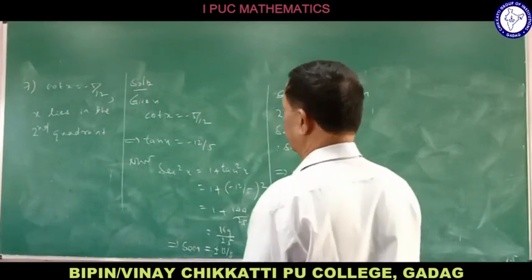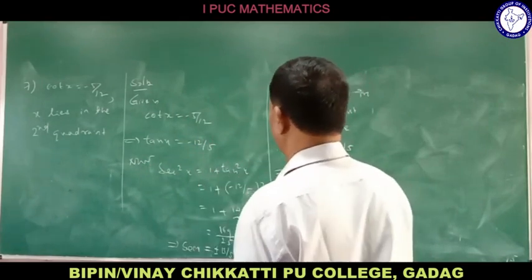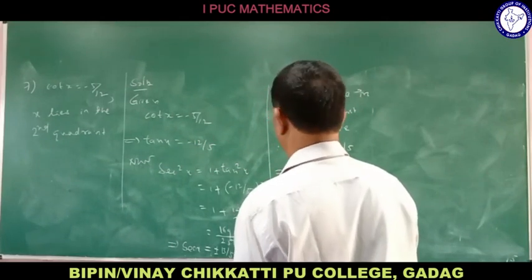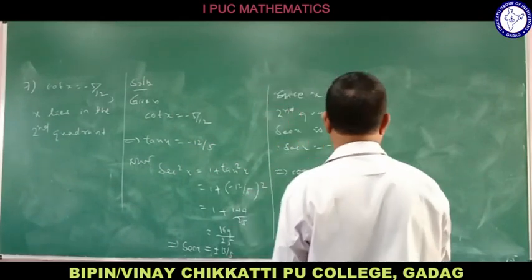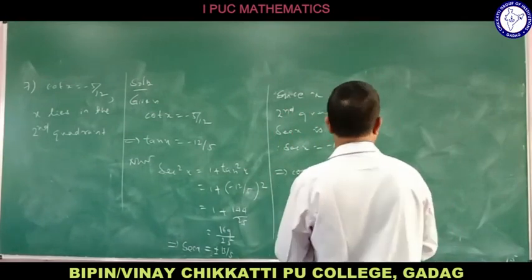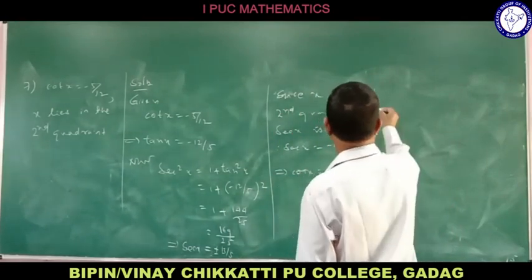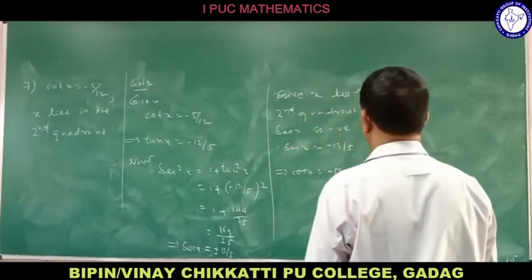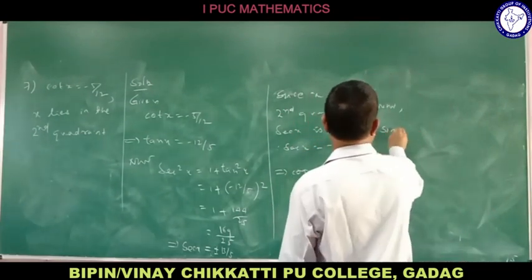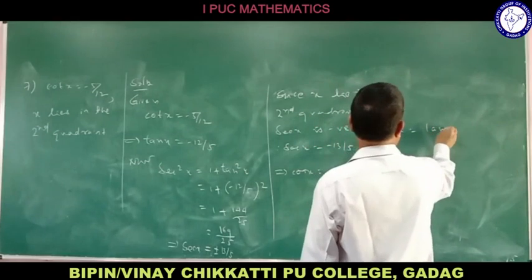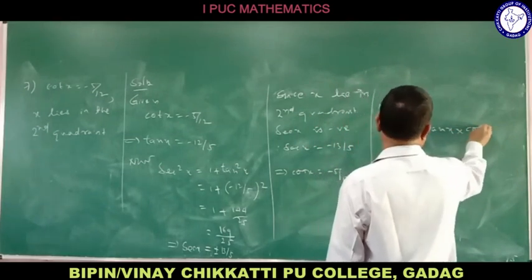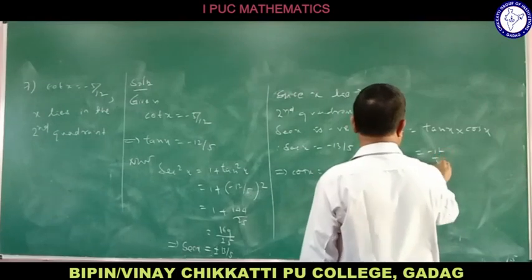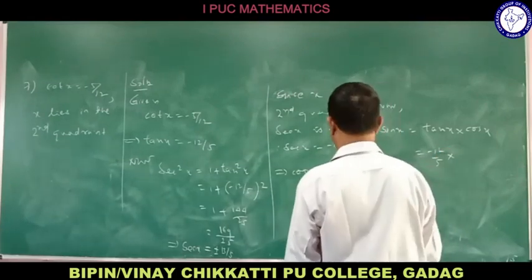Now you see that tan is over, cot is over, sec is there, and cos. Only now we have to find out the sin. In order to find out the sin, you need not go for those identities. Now you see the direct way how that can be obtained. Sin x is equal to tan x into cos x. So what is tan x? Minus 12 by 5. And what is cos x?